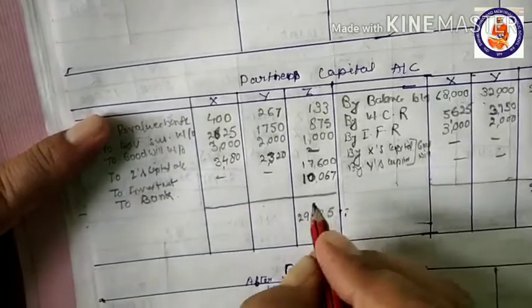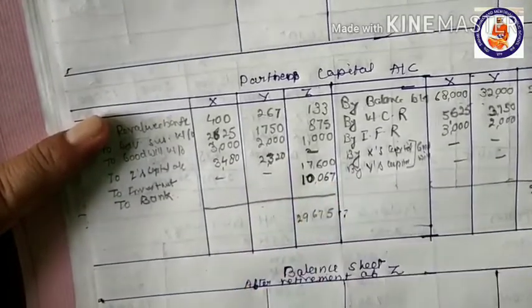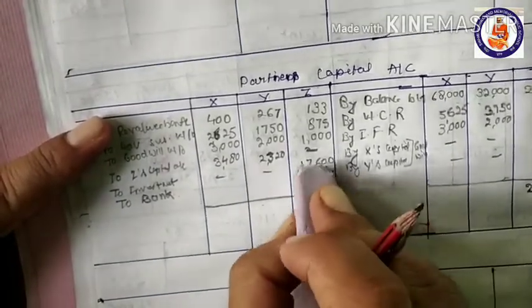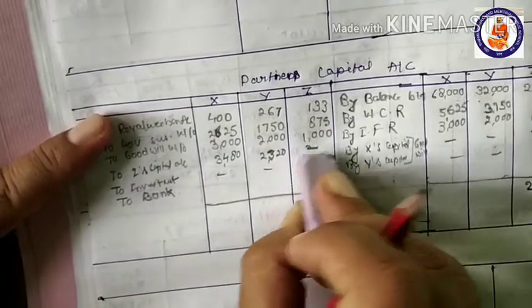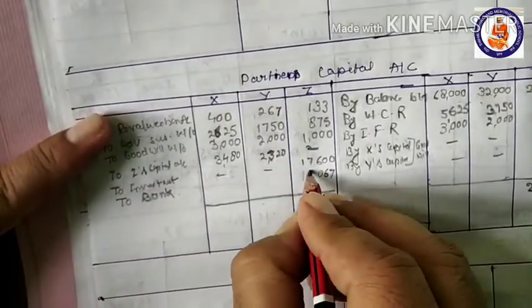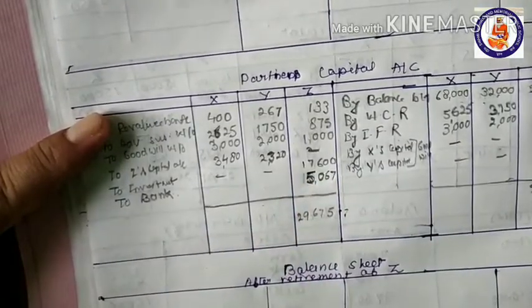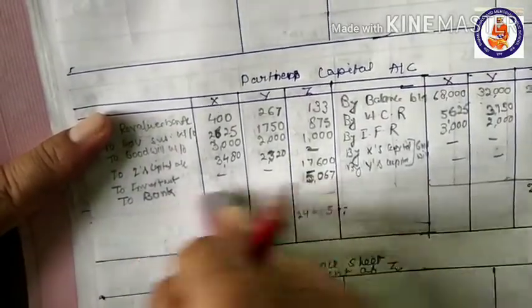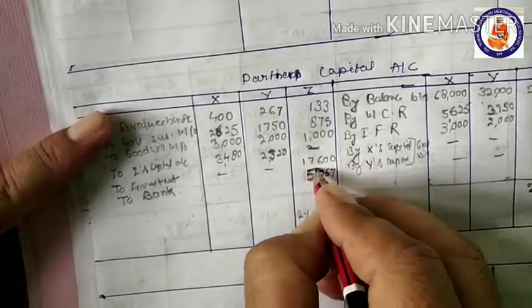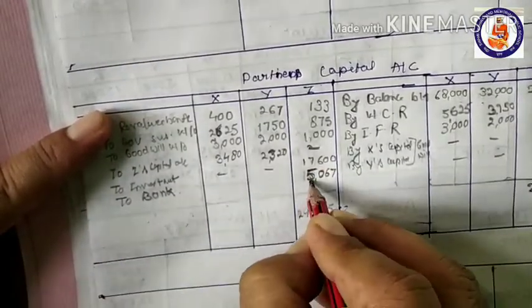Out of 5,067, we will reduce this, so 5,067 is the payment to be made in cash, and now 5,000 remains.